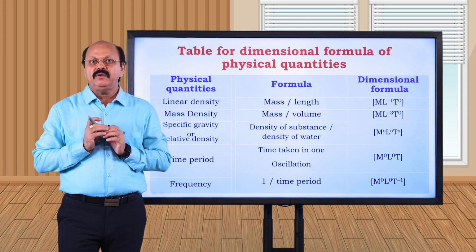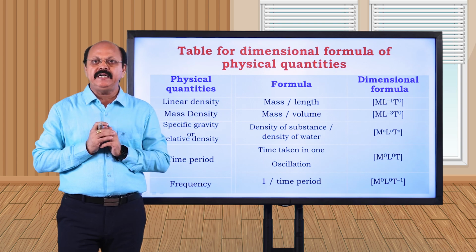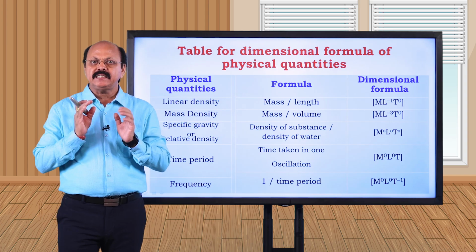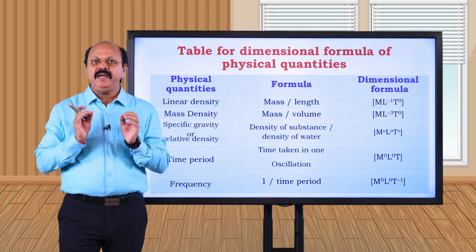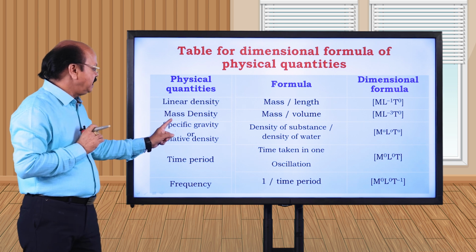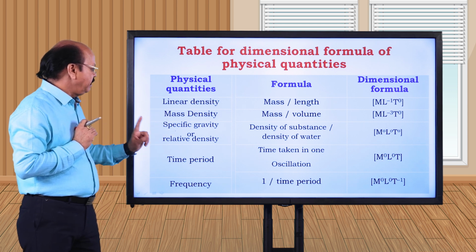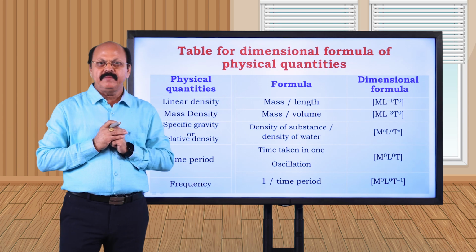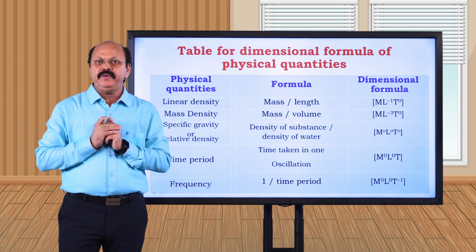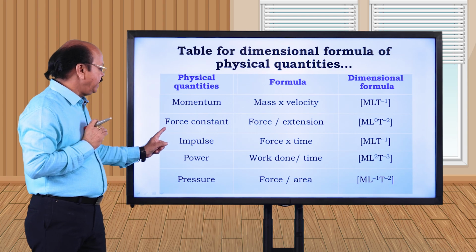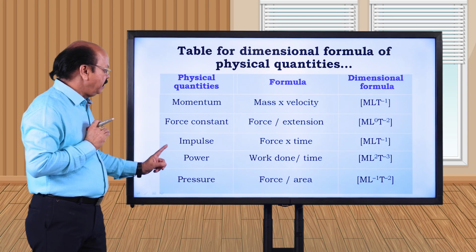In these slides, we will see many physical quantities, their formulas and dimensions. Let us take slide 14. It has many physical quantities like linear density, mass density, specific gravity or relative density, time period and frequency. At slide 15, there are linear momentum, force constant, impulse, power, pressure.